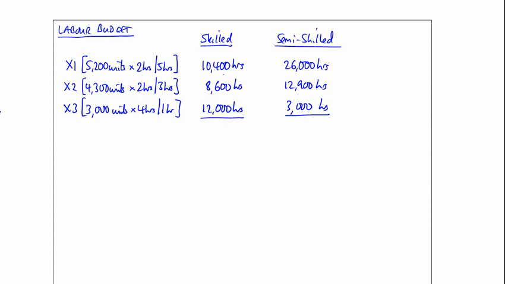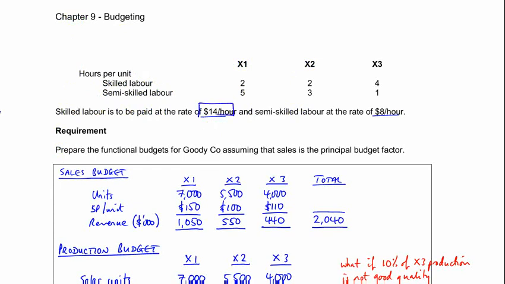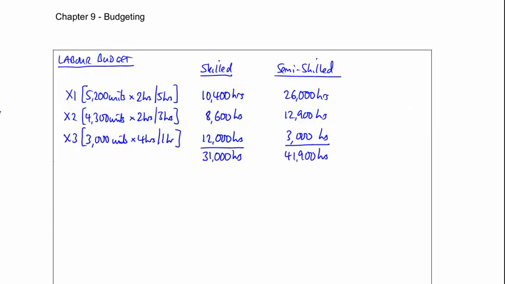Total those up. Skilled time then, we're going to have a total of 31,000 hours, and for semi-skilled 41,900. We are told in this question how much each type of labour is paid, so $14 and $8 an hour respectively. So $14, $8 should give us our labour budget in total.